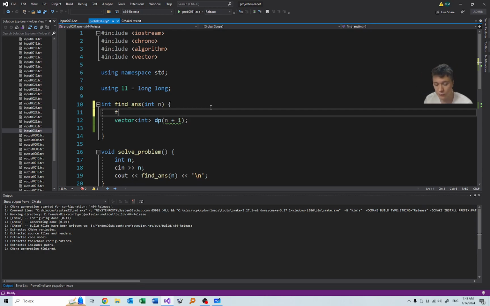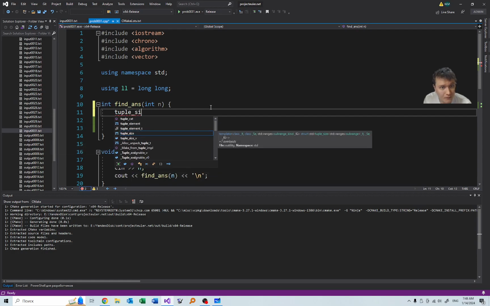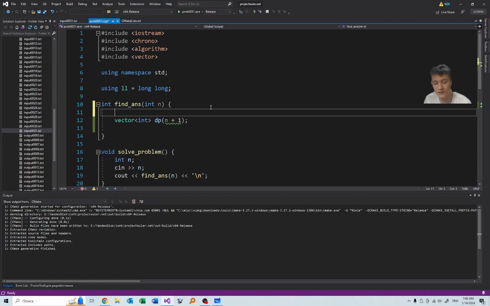Yes, we have several coins. We have a tuple size. Then I think we can write it like this.